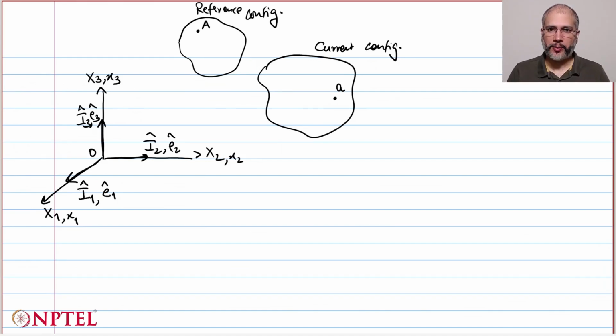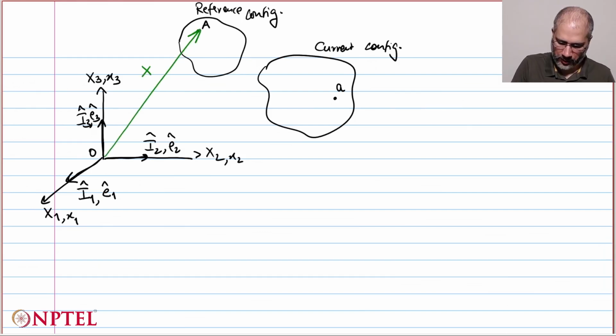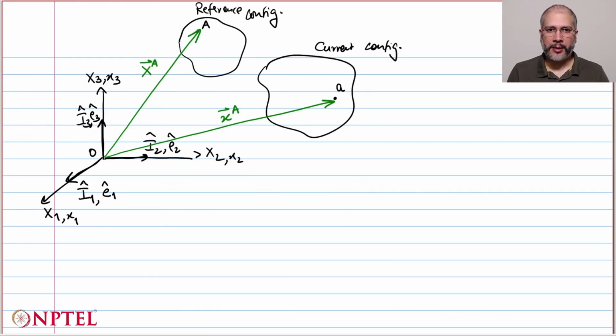So then we can write the position vectors for point A. This is capital X A vector, and the position vector for small a is small x A vector. So these are the position vectors for the point A in the reference and the current configurations.